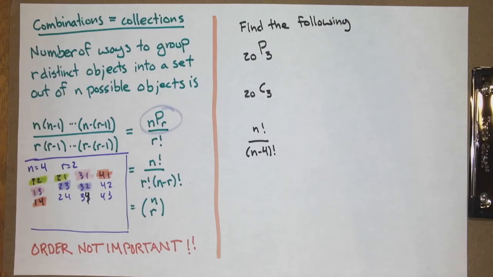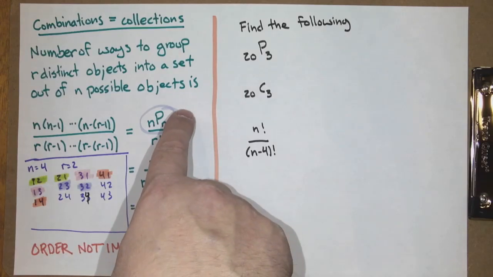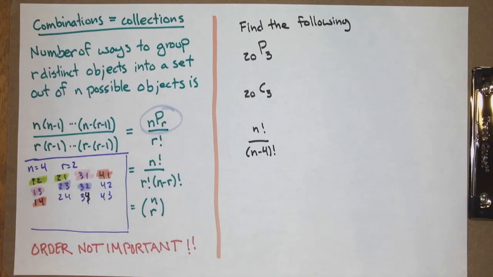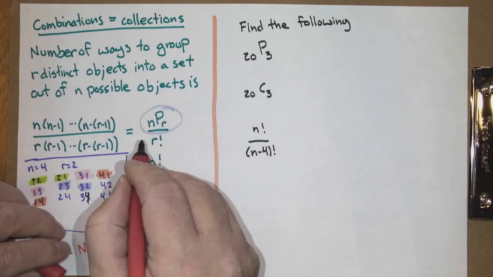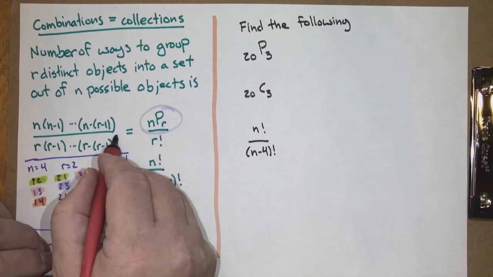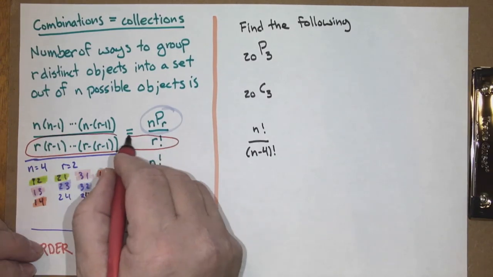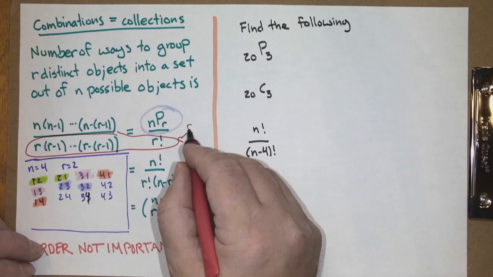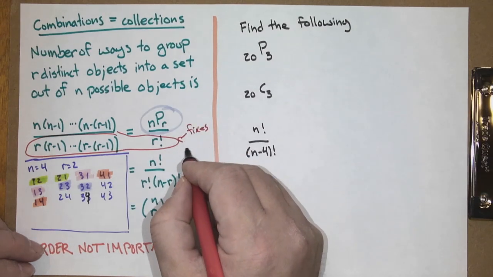So what we want to do is to say, okay, let's count something we know how to count, and then we'll fix our counting error. So we're going to have a correction. So this term downstairs fixes our overcounting.